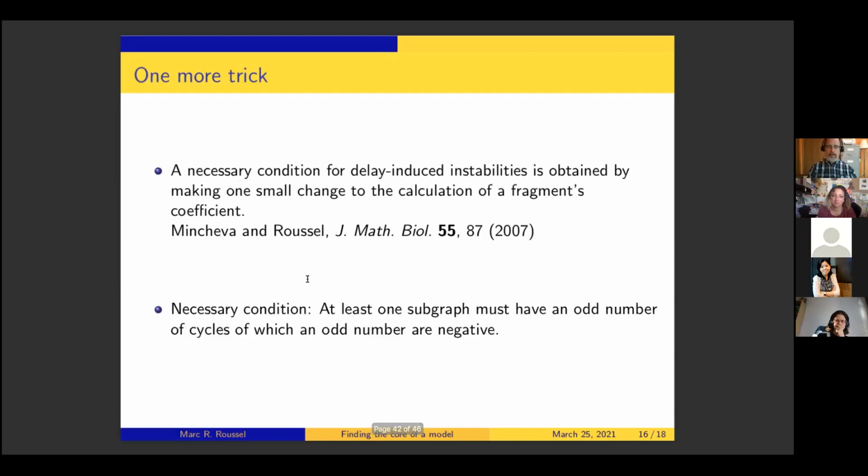And so I find that really interesting. It leads to a necessary condition that's a little bit different. So you have to have at least one subgraph within the fragment that has an odd number of cycles, of which an odd number are negative. And so you can start to look, I mean, in smaller models, you can look for them by eye. In bigger models, we probably need software. We need to tweak Maya's software to do this.